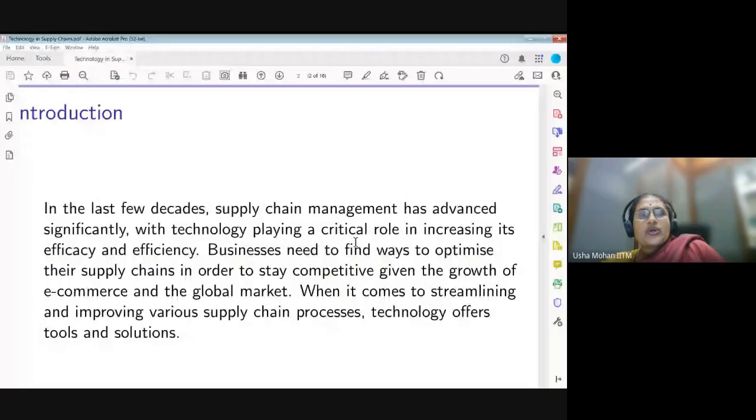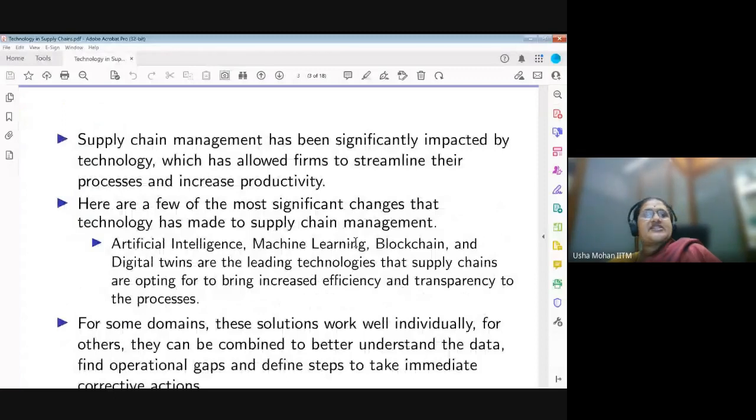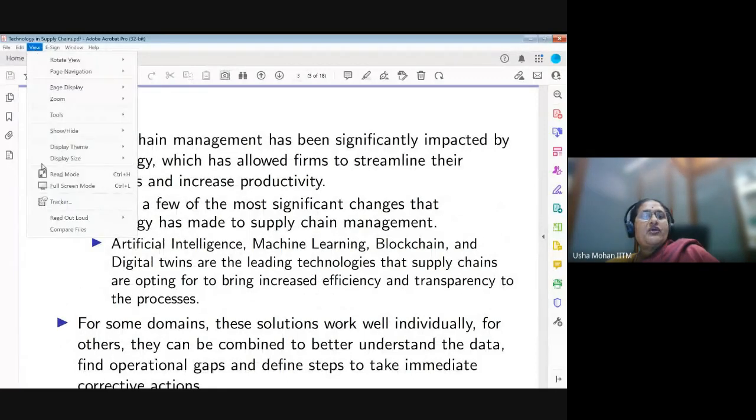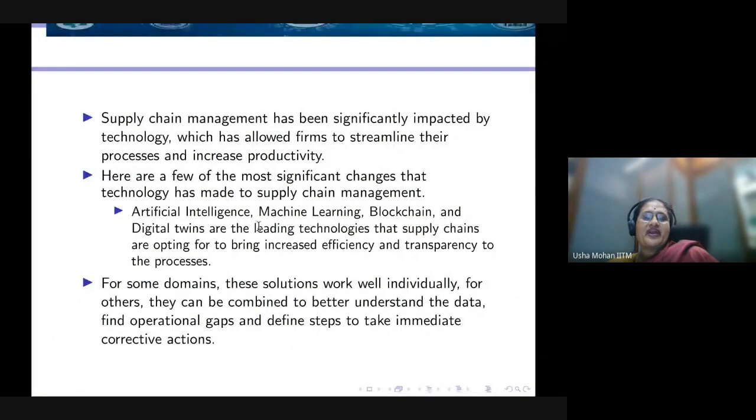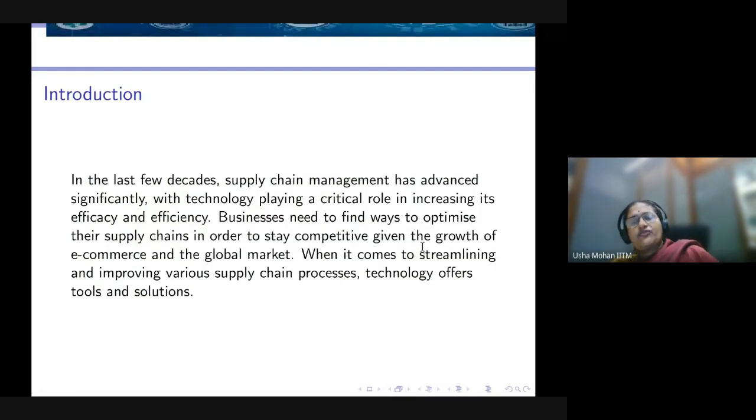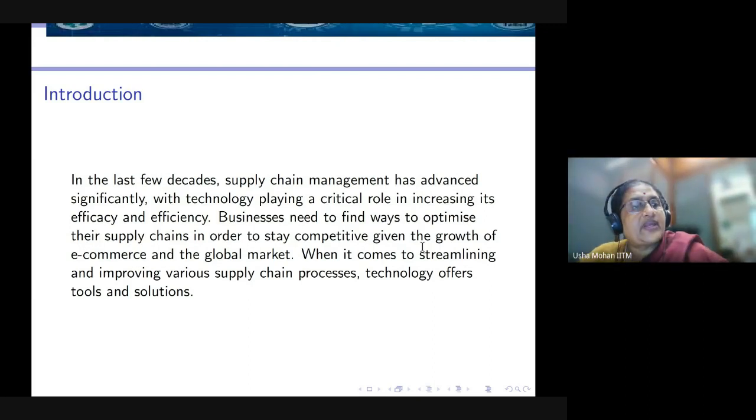Okay. So let me start by asking you all a question: what do you understand by Industry 4.0? I want it to be interactive, so I want you all to respond. You may unmute yourself and talk. What is it that we mean when we mention Industry 4.0?